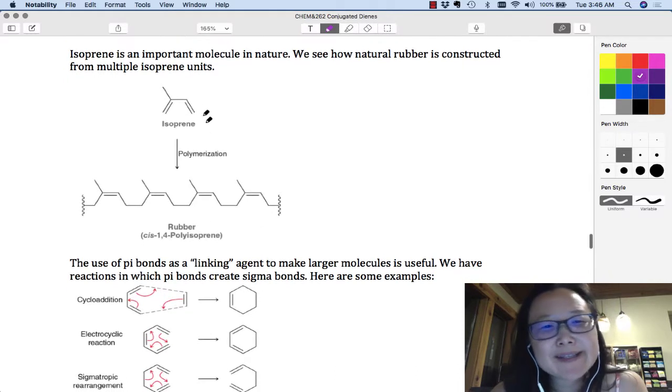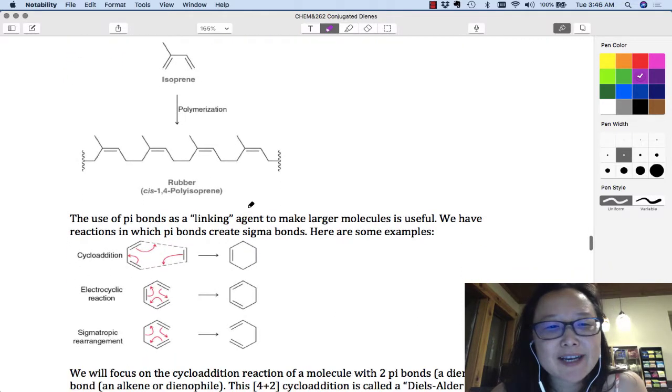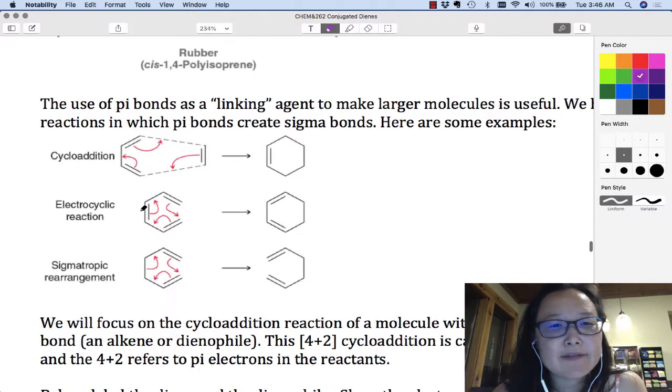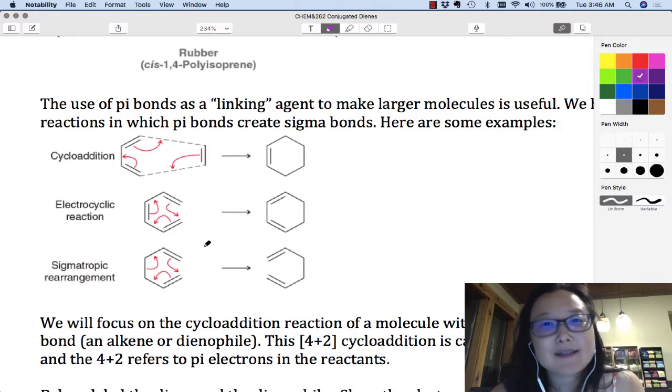So anyway, these kinds of reactions usually occur by linking using the pi system. Here are three kinds of reactions that take advantage of pi bonds to form sigma bonds. Cycloaddition means that you're adding two molecules together to make a cyclic compound.